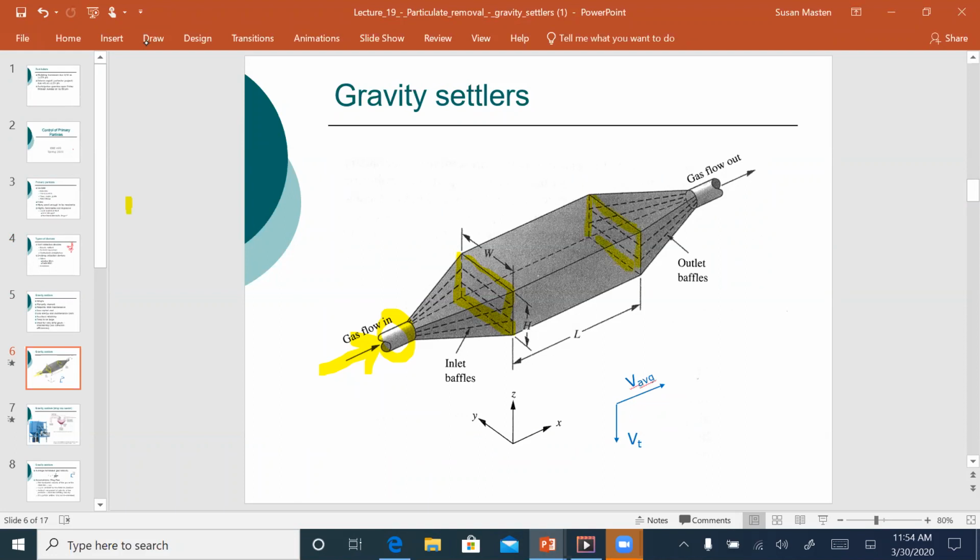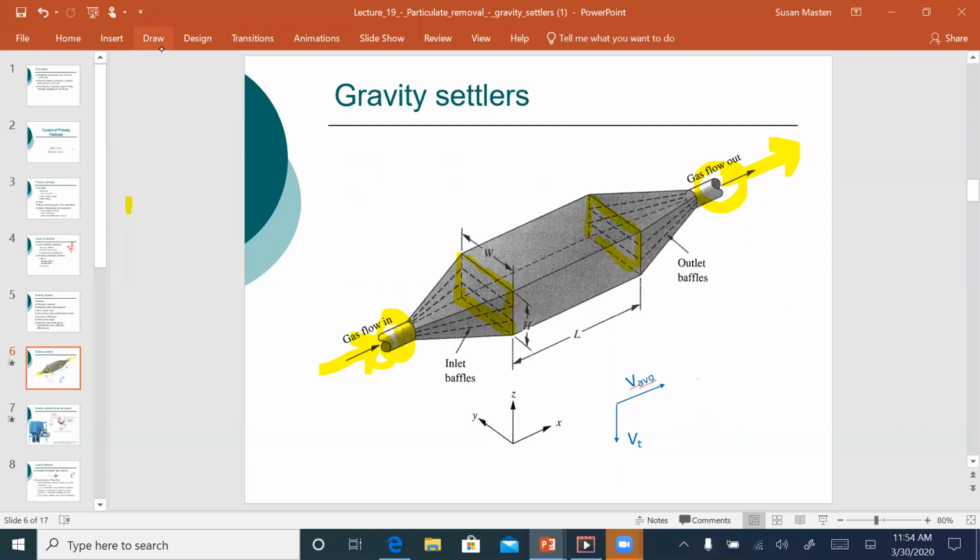And then again, the cross-sectional area of the duct leaving is again much smaller. So you've got a higher velocity in this initial duct, much lower velocity as that air moves into this drop box or gravity settler, and then a higher velocity as it leaves.